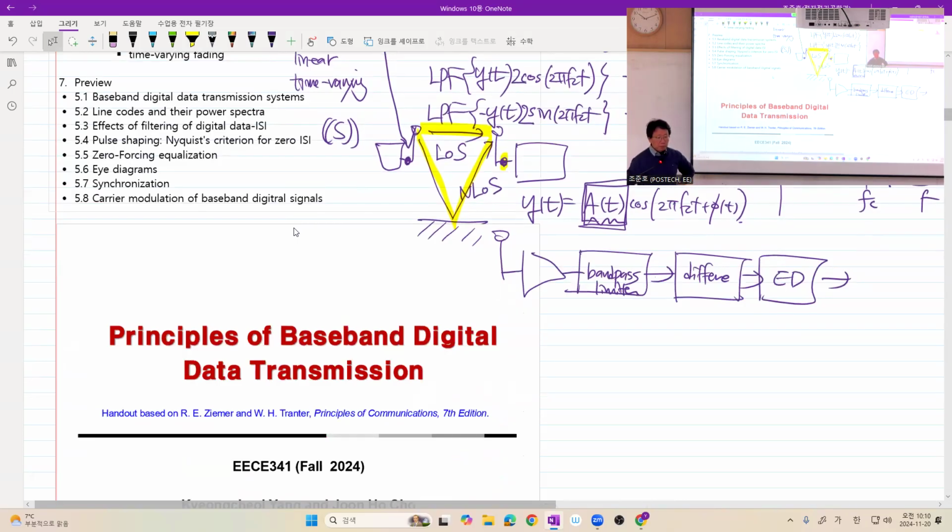Now let's have a preview. This chapter 5 of our textbook has 8 sections, and if we cover them one by one, our time will run out. So I'm going to talk very quickly about some important parts so that you have a better understanding in the next semester when you take digital communications.